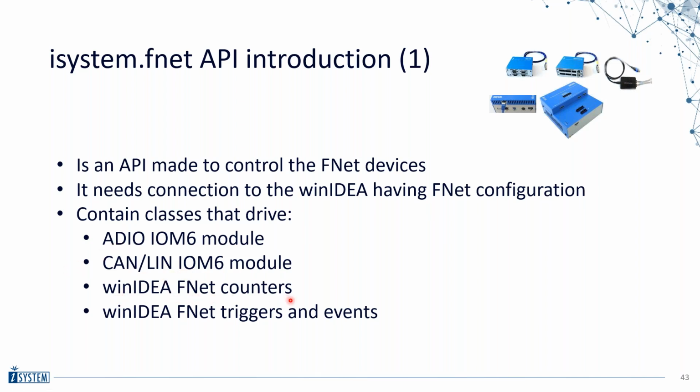Inside winIDEA we have the functionality of counters, triggers and events. We can output, generate and combine several features of this system of combined devices that are part of the FNet network.